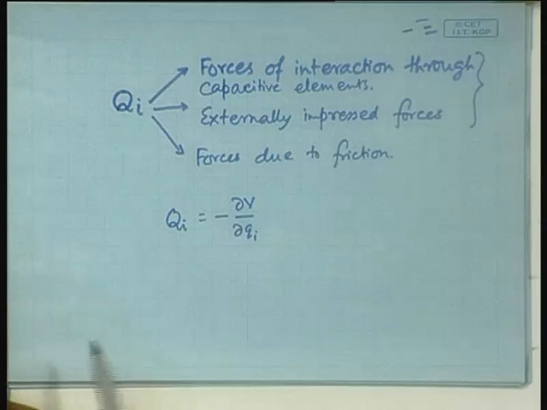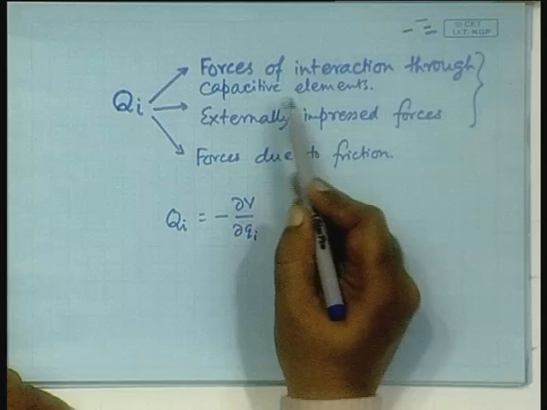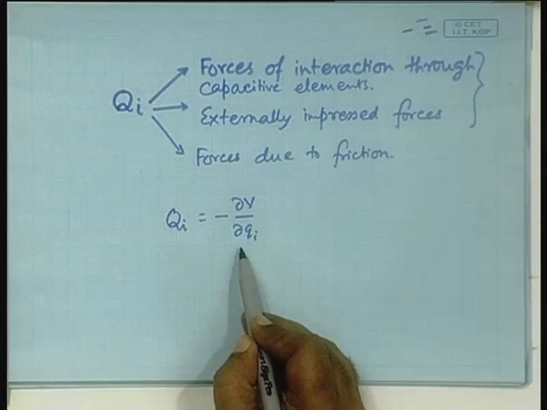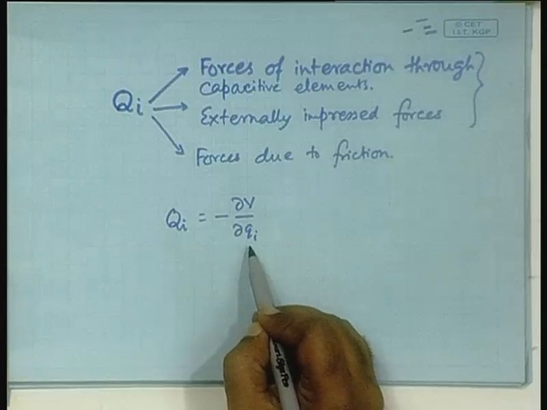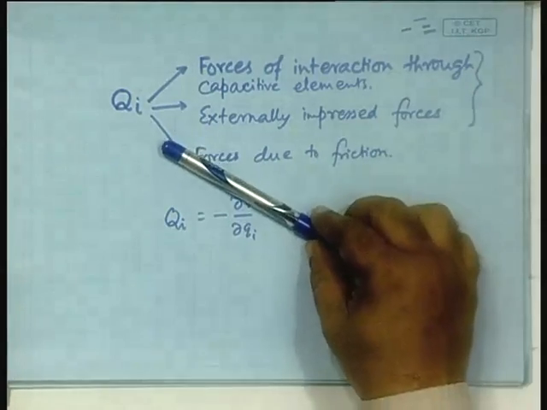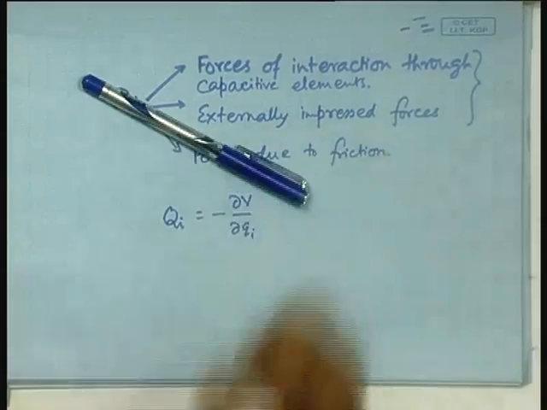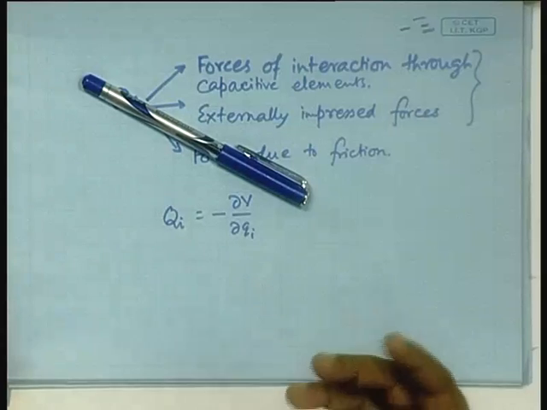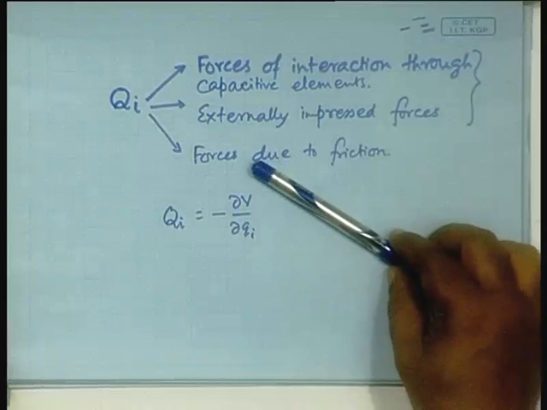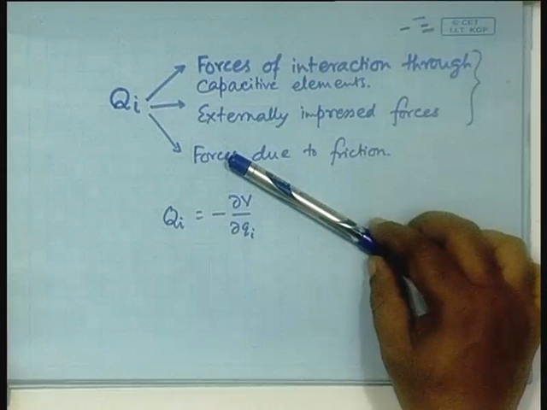The problem is that while the other forces could be obtained from a potential function by partially differentiating the potential function with respect to the generalized coordinates q_i, obviously that cannot be done for the friction. Why? Because if something is moving against a surface, and it is not dry friction, then the frictional force is proportional to the velocity.